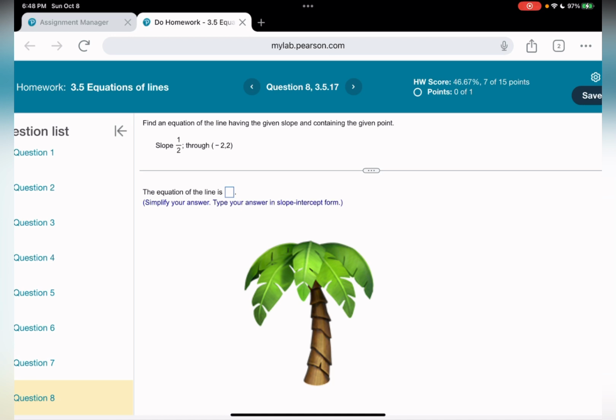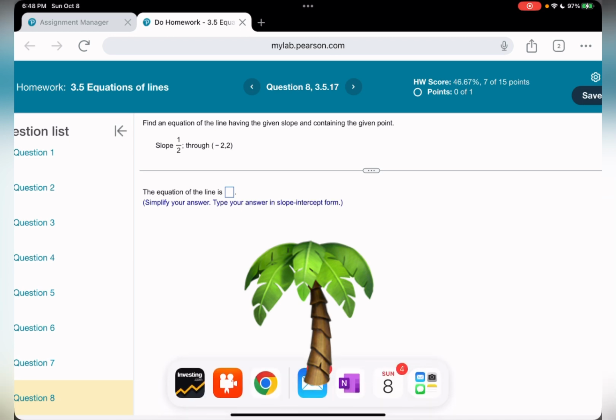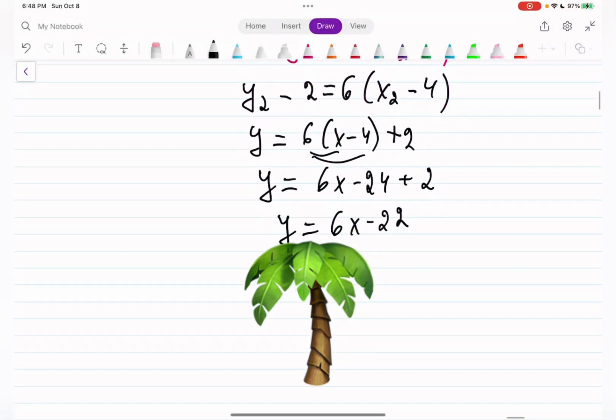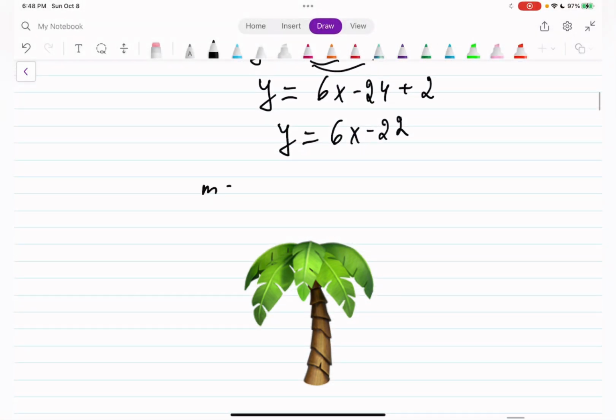We are going to work the same way, 1/2 and negative 2 and 2. So we write down m is equal y2 minus y1 over x2 minus x1.